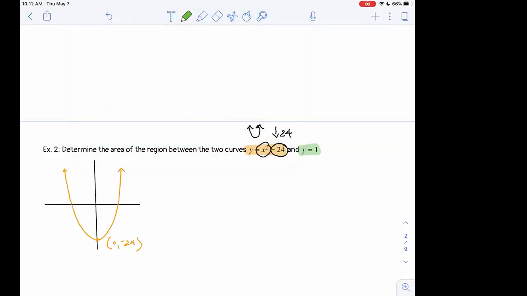Now, if we wanted to sketch the graph of y equals 1, what does that look like? Is it just a line at y equals 1? Tell me which direction that line is.